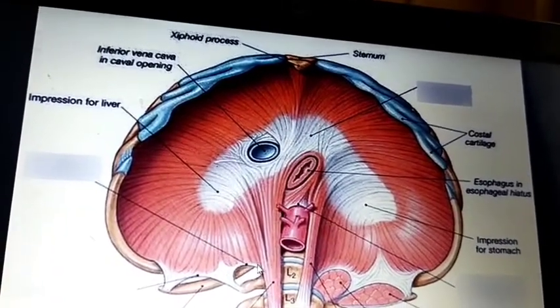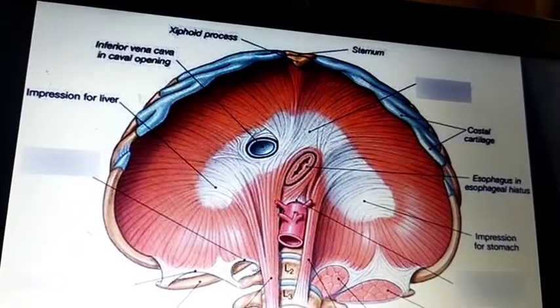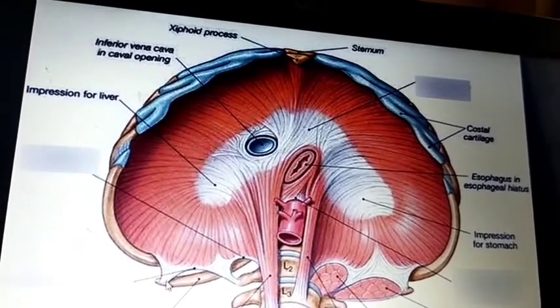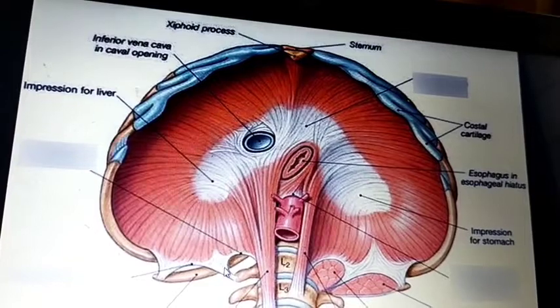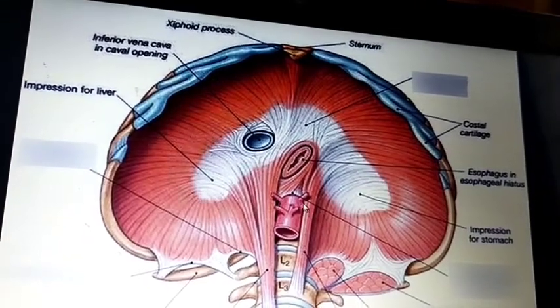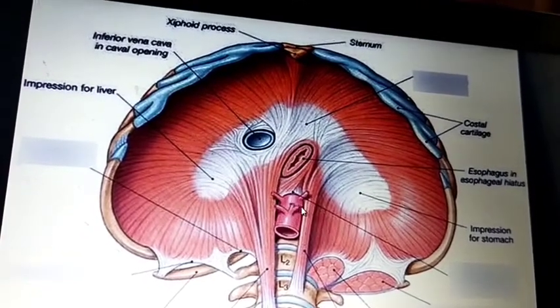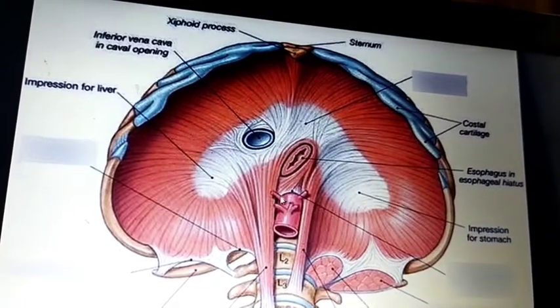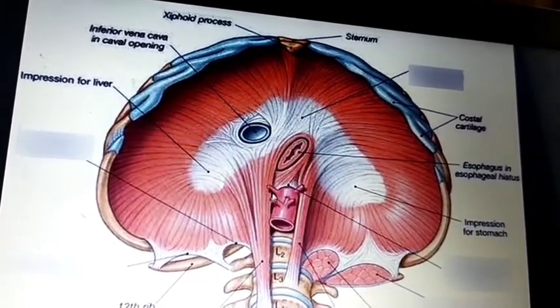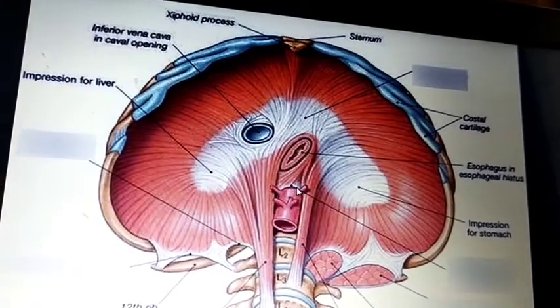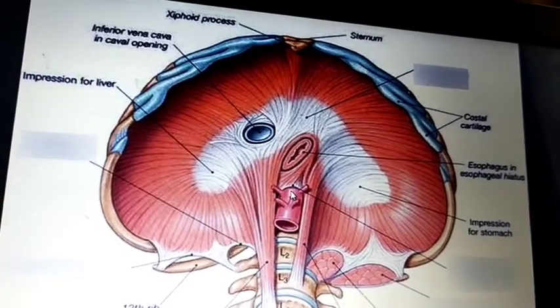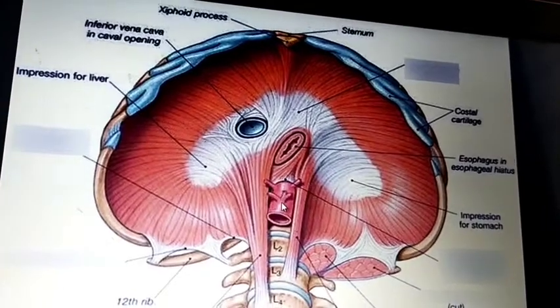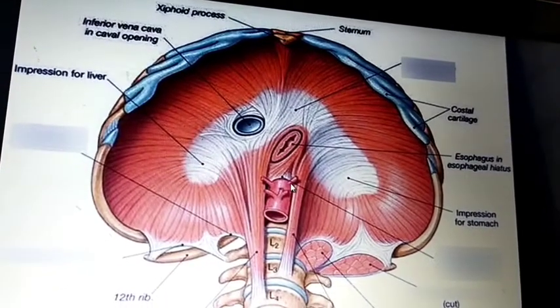This is a medial arcuate ligament, and this is a lateral arcuate ligament, and this is the median in front of the aorta. It covers; this is the right crus and left crus tendinous parts attached and forming the arch-like or arc-like structure, and that is present just in front of the aorta. And this is the celiac trunk, and these are the phrenic arteries.